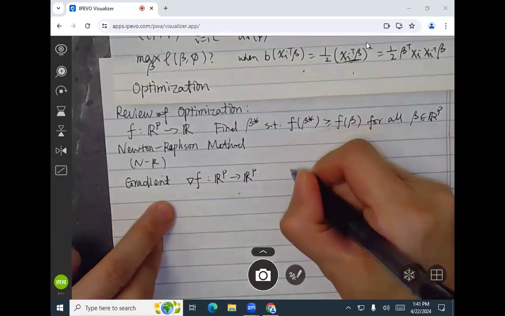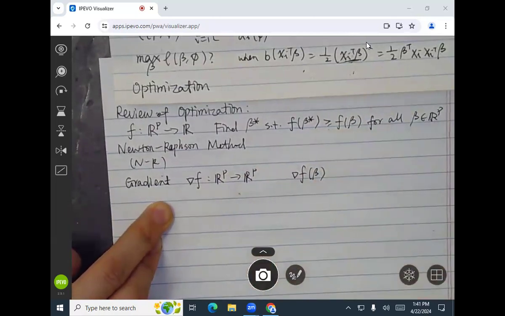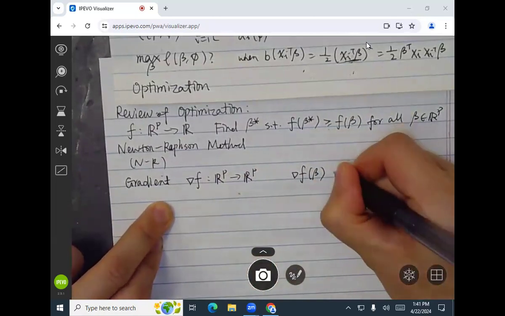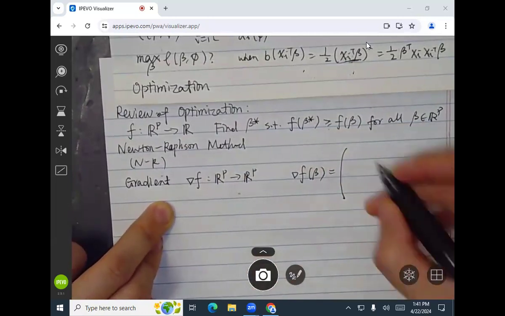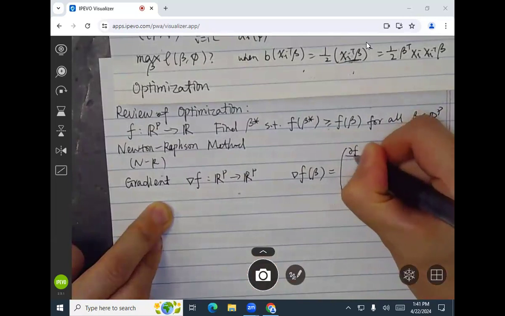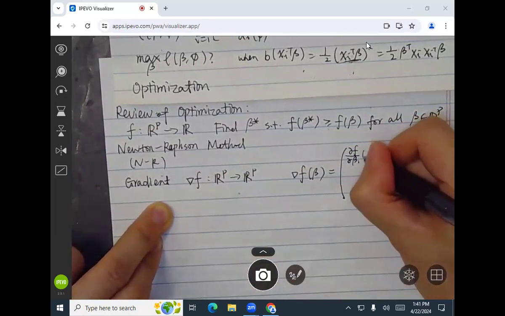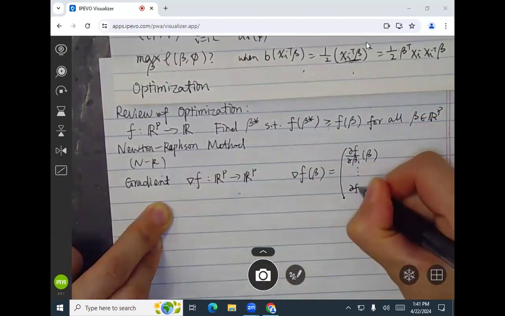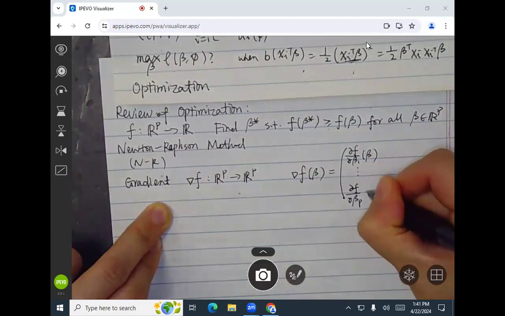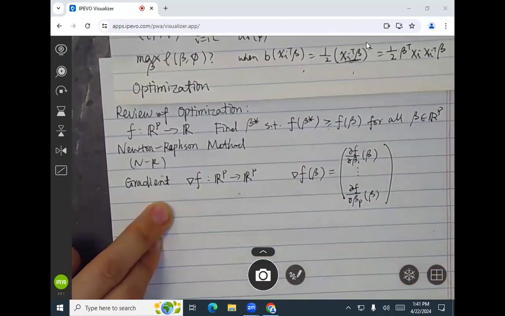The gradient of f at a vector value beta is just defined as a vector of partial derivatives. So it's partial f partial beta 1, the first dimension of beta, at beta, down to partial f partial beta p at beta. So it's a p-dimensional column vector.